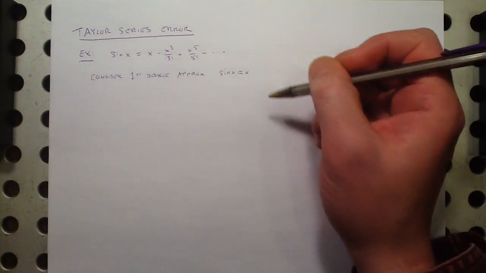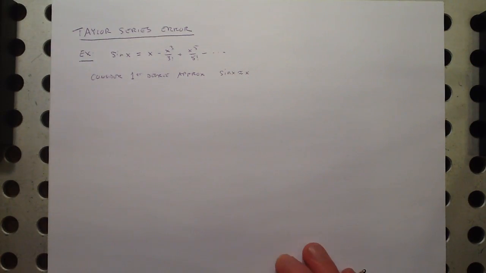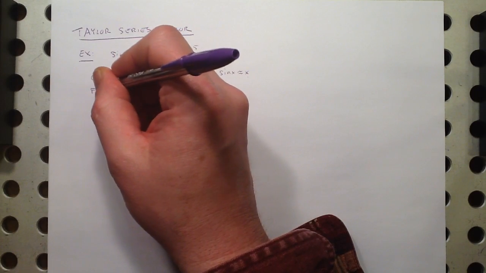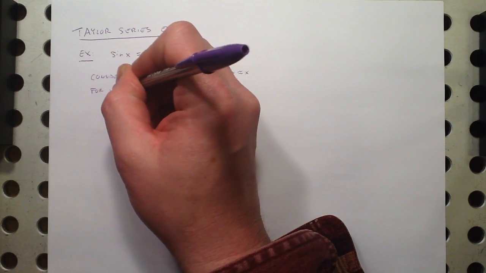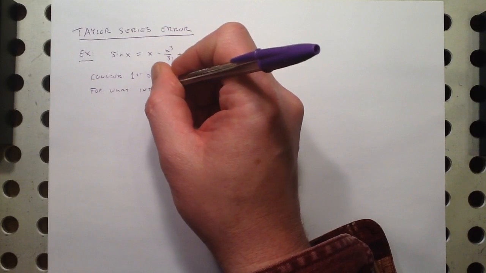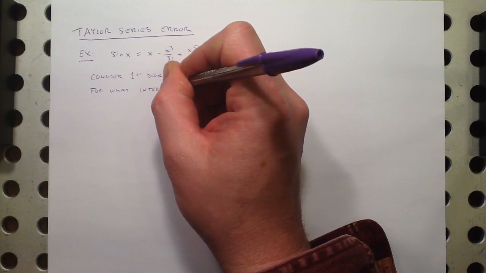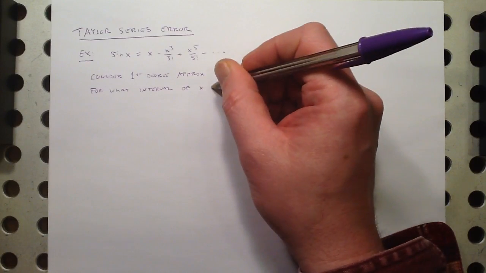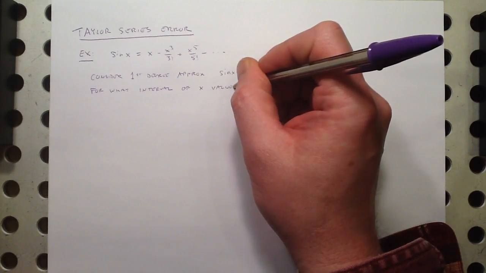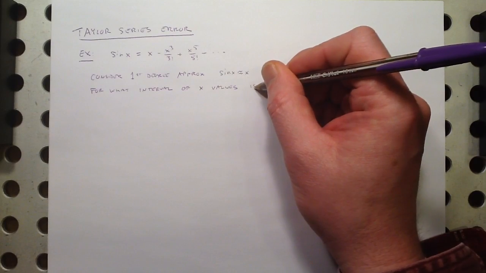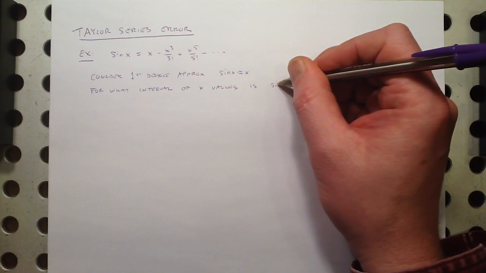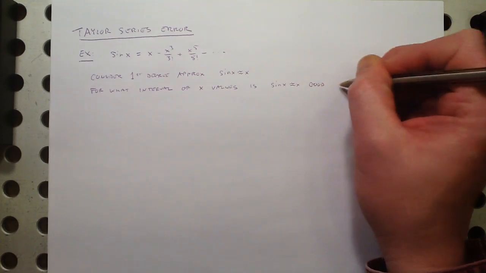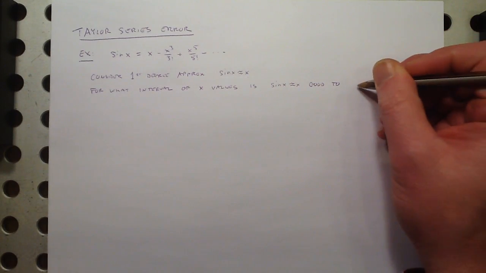So how good is this approximation? We could ask the question, for example, for what interval of x values is the sine x approximately equal to x good to 2 decimal places?